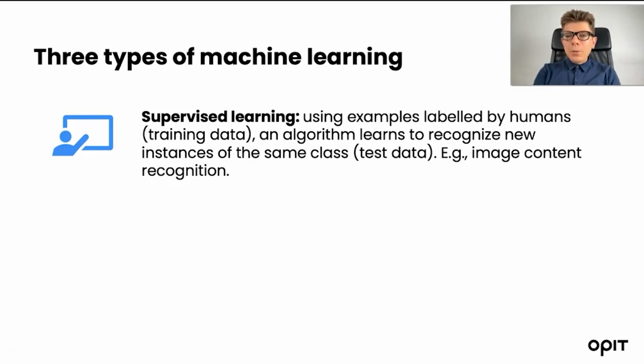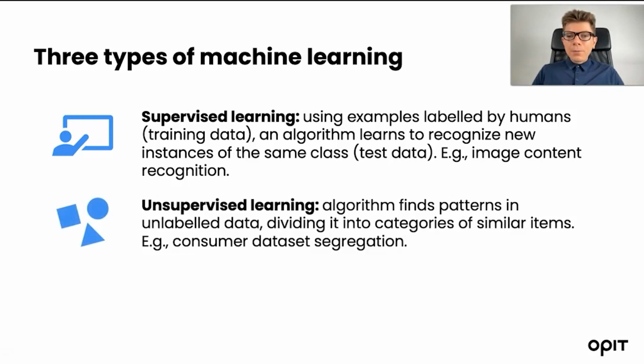So if we now present to the model a set of images with cats and dogs, it will be able to recognize using some statistical patterns whether the picture in question is a picture of a dog or of a cat. And supervised learning requires human intervention. It requires human labelers that will label the images, for example.